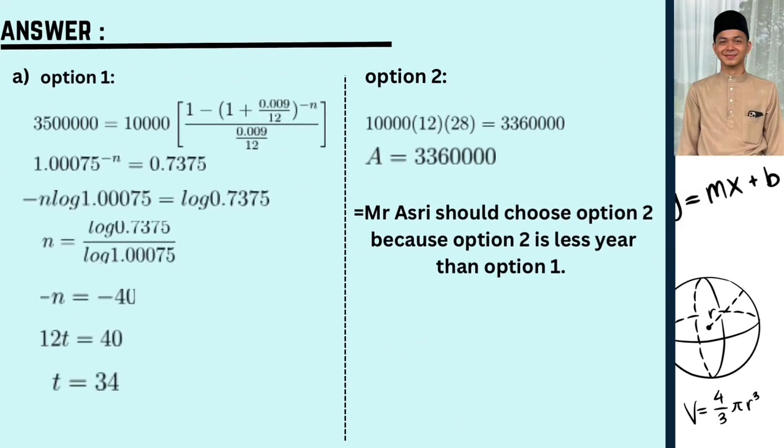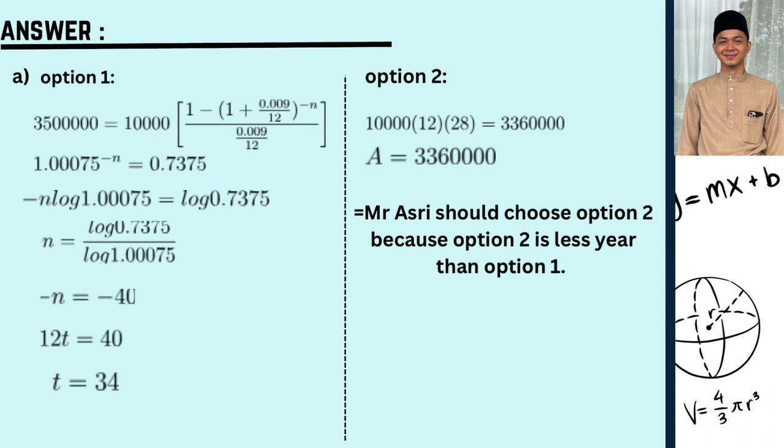How to solve this question? Firstly, we must separate into two parts, which is option 1 and option 2. In the statement, A equals 3,005,000 ringgit, R equals 10,000 ringgit, and i equals 0.09 over 12. Now we need to use the present value formula and apply the information into the formula. Now we must find n.